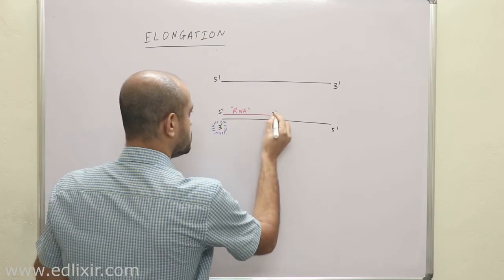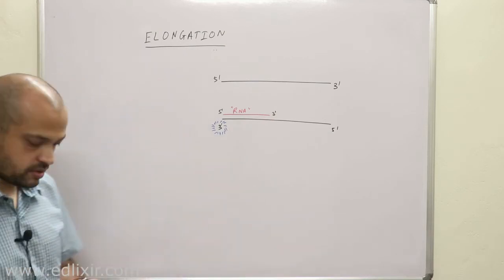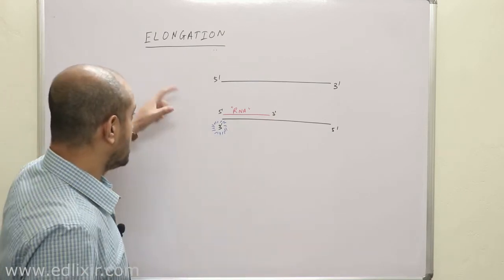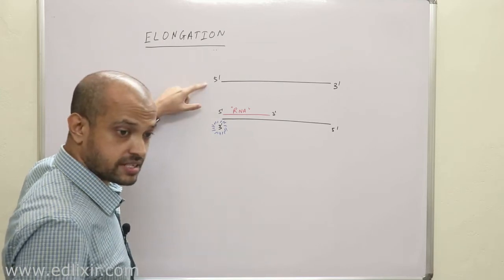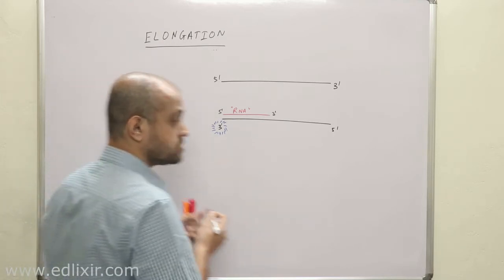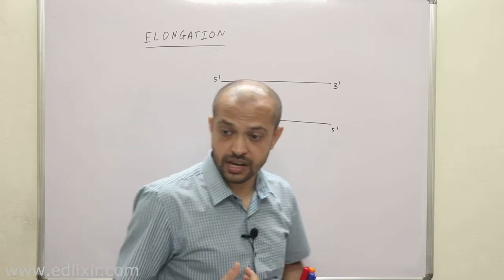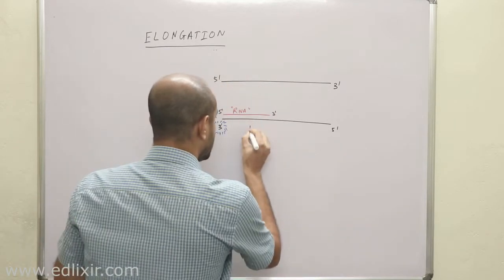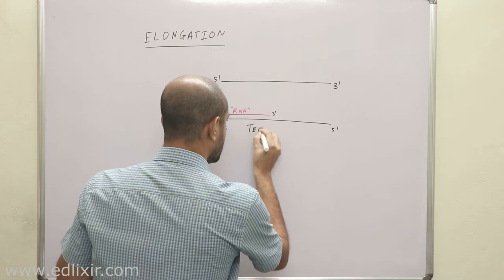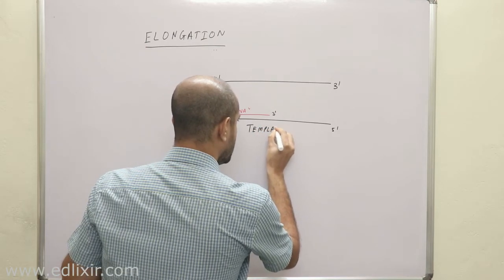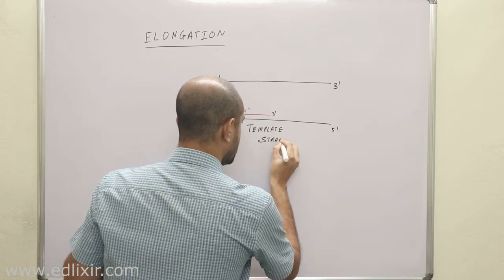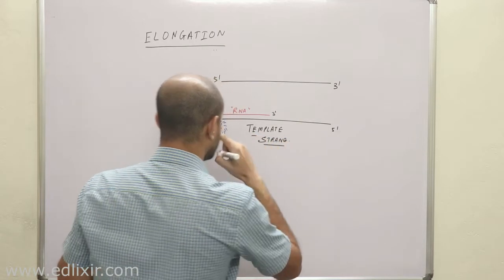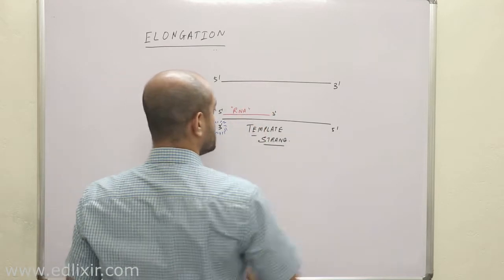5' to 3', right? Now listen, the RNA polymerase actually recognizes one of these strands. The RNA polymerase recognizes the strand which is also known as the template strand, right? Clear? This is the template strand, and this is the non-template strand.